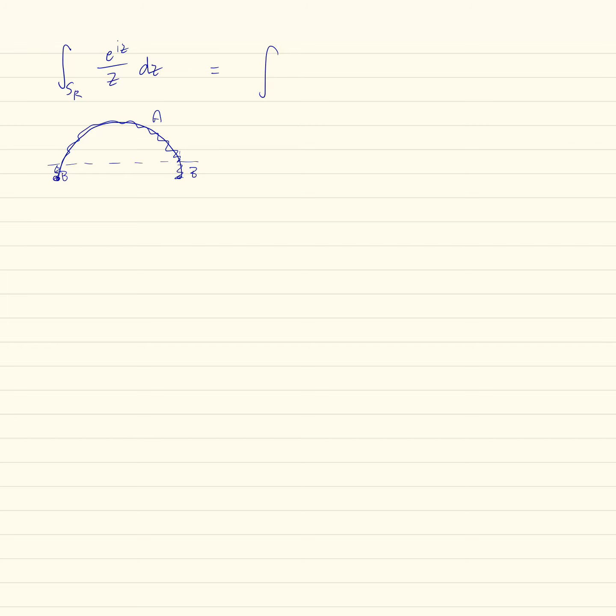So this is going to be equal to the integral over A plus the integral over B, right? And so the modulus of the integral over A of e to the iz over z dz is going to be less than or equal to the length of A times the sup of e to the iz over z, and this is z belonging to A, right?